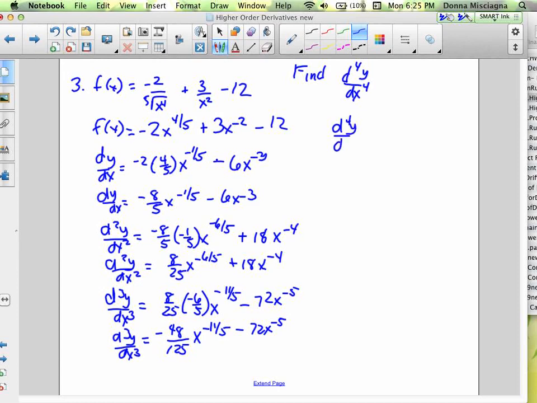d4y dx4. All right, so let's see, 48 times negative 11. So we get, I'm going to write that down. So we have negative 48/125 times negative 11/5 x to the, subtract another 5, that's going to be negative 16/5 power.